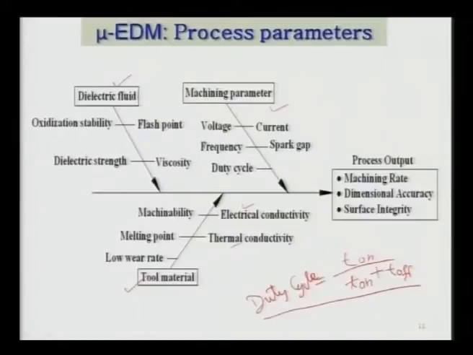The performance of the process can be measured in terms of machining rate, dimensional accuracy that you are getting, and surface integrity, which is again a very important parameter that will decide the surface finish, the micro cracks, if any, on the machined surface, and the morphology or texture of the surface.